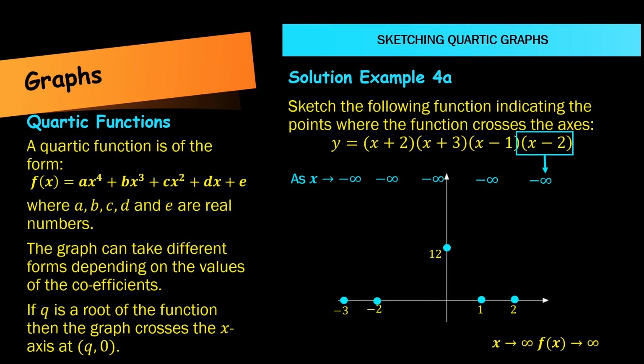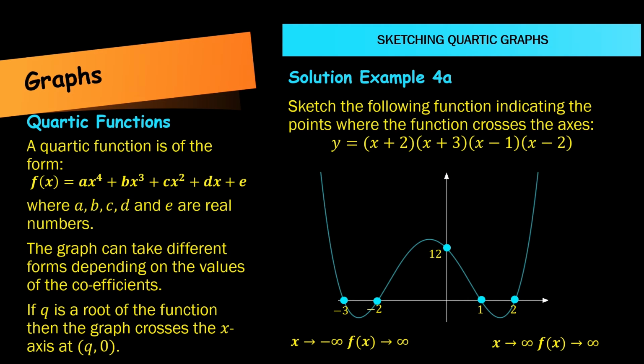Now, as we're multiplying four negative numbers by each other, we have that f of x tends to infinity. So as x tends to minus infinity, f of x tends to infinity. And the graph will be shaped like this.